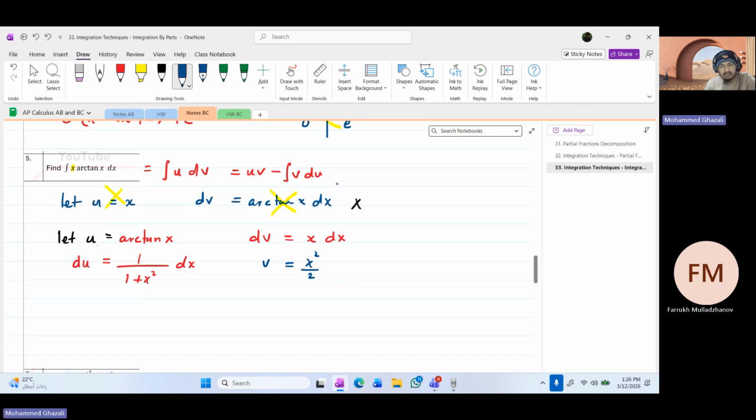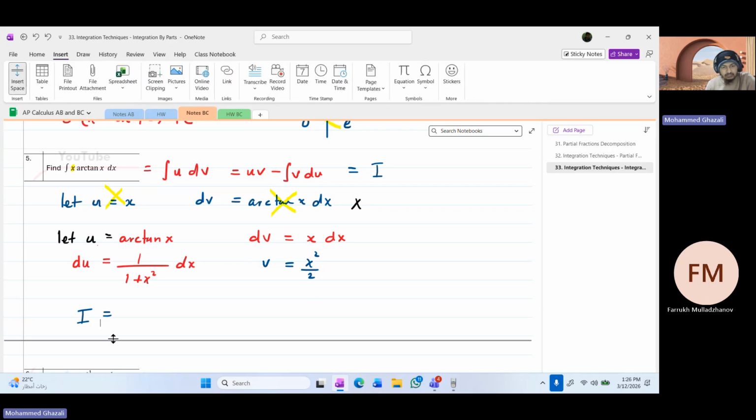Now use the formula. The integral now becomes uv minus the integral of v du.